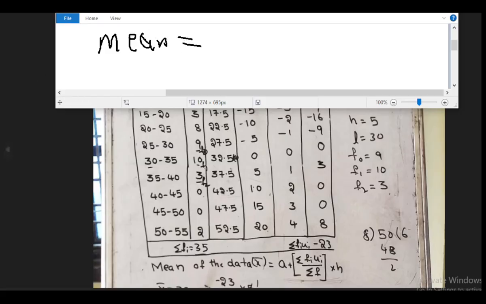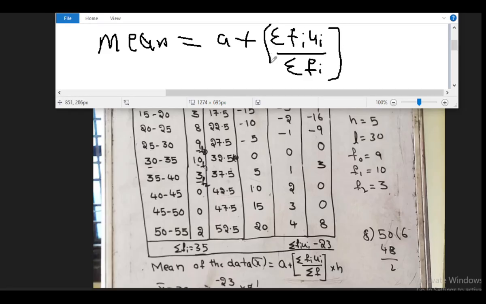Mean is equal to a, the assumed mean, plus sigma fi ui by sigma fi, into h.